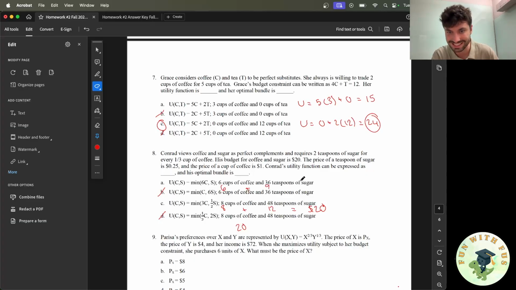There you go. That's the math is mathin', baby. So that's 15 bucks. And spending 15 bucks is obviously going to get you less utility at the same trade-off compared to 20 bucks. So the optimal bundle is going to be C.